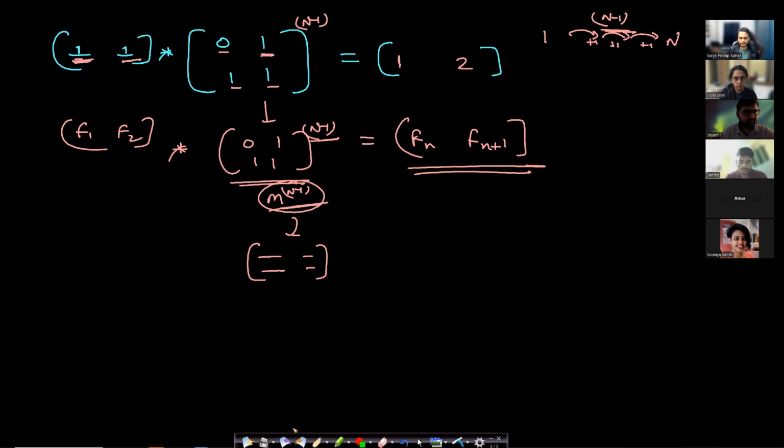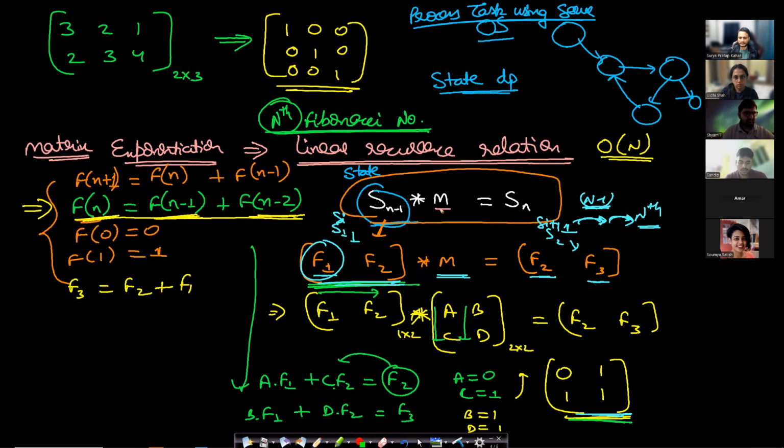Okay. So Amar had asked about how you assume it. This came from a proof that if you have a linear recurrence relation, then you take a state and multiply with the magic matrix, you will go to the next step. Now the next step was to find the magic matrix, and we found the magic matrix as well.